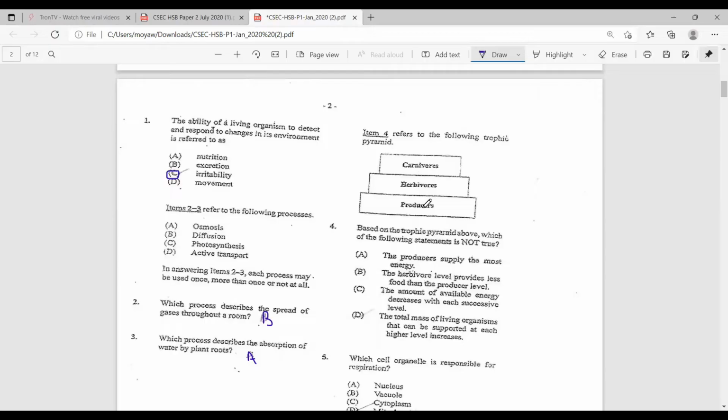B, the herbivore level provides less food than the producer level. As you can see, we have less herbivores than producers, so that is true. C, the amount of available energy decreases with each successive level, and we all know that to be true. D, the total mass of living organisms that can be supported at each higher level increases. So D is definitely not true.